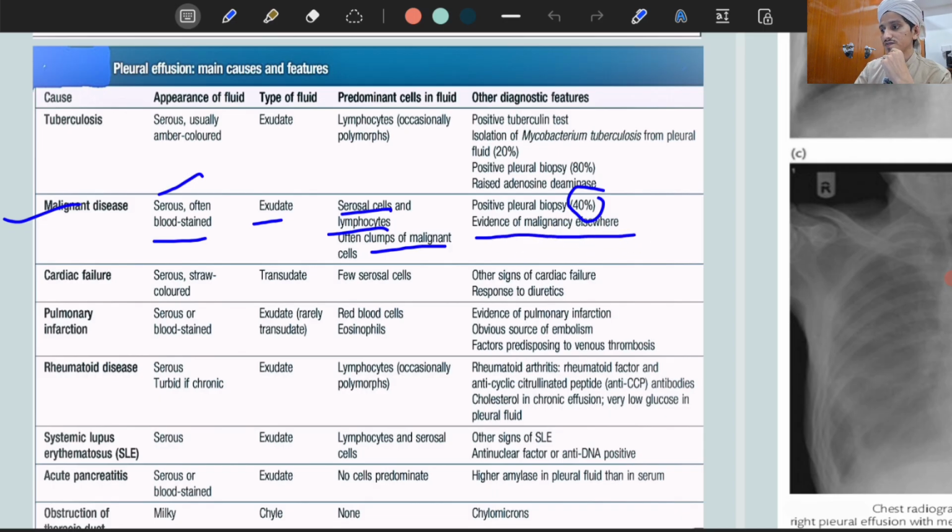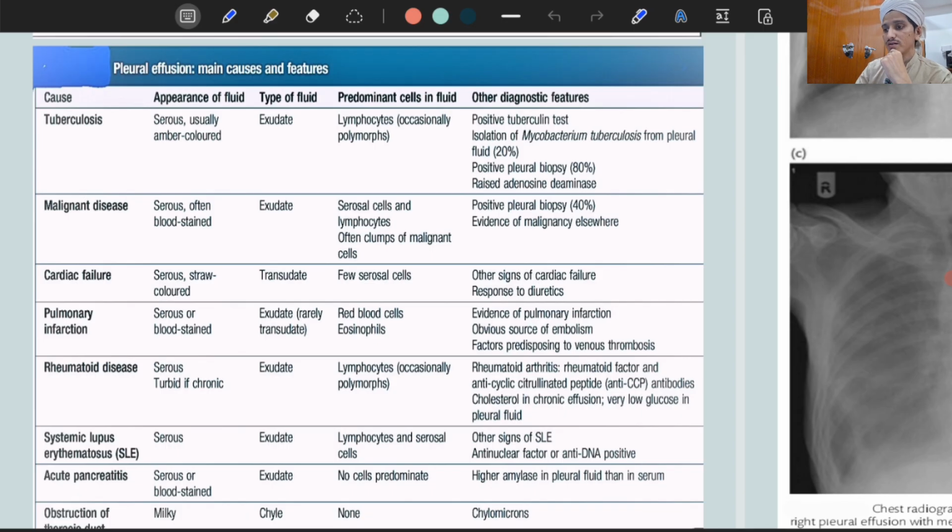Okay, Oxford says that if you do a second biopsy, then the sensitivity rises to 60 percent. And if you have suspicion of malignancy, but you are not finding a clue and it is not being confirmed by biopsy, then you can do thoracoscopy to confirm by biopsy.